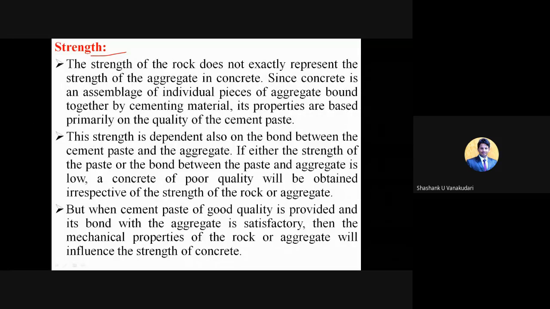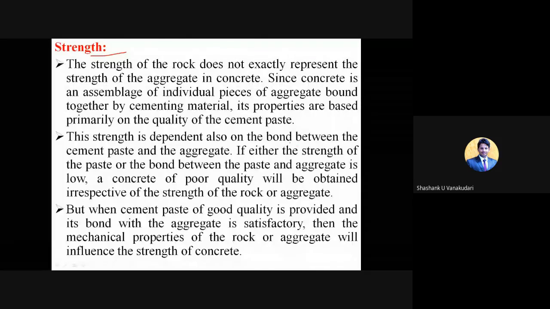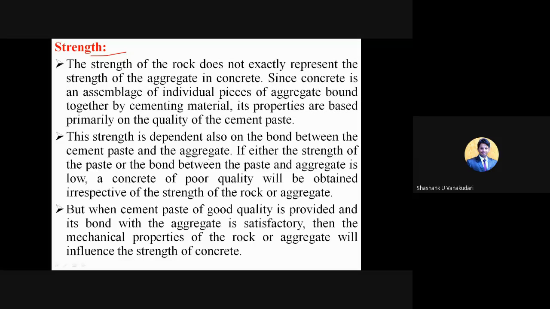Clear? This strength is purely dependent upon the bond between the cement paste and the aggregate. So you need to select the cement paste in such a way that it gives proper bonding strength between the aggregates. If the cement is not pure and consists of improper materials within its structure, it won't give proper bonding between the aggregates.